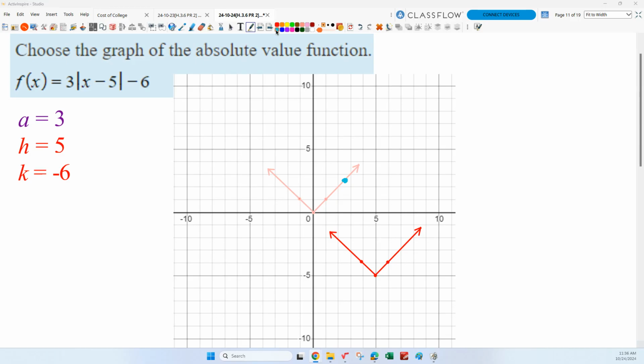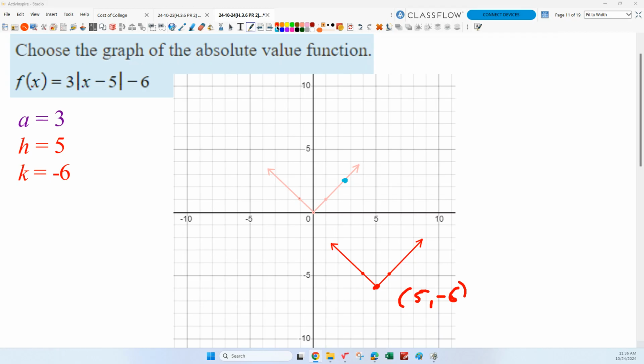I can predict right away that the coordinates of the vertex are going to be 5, negative, oh, I didn't draw that right, did I? Whoops, I messed up. I've got to go down one more, don't I? I can predict right away, without even thinking about it, that the coordinates of the vertex are going to be 5, negative 6.